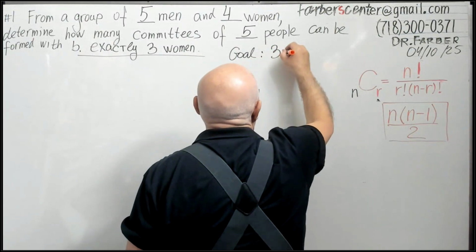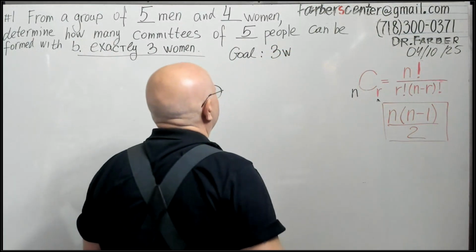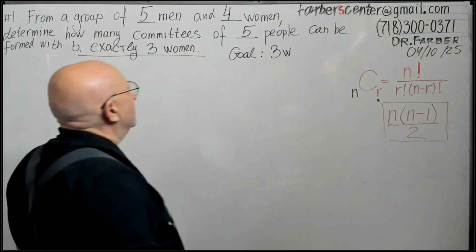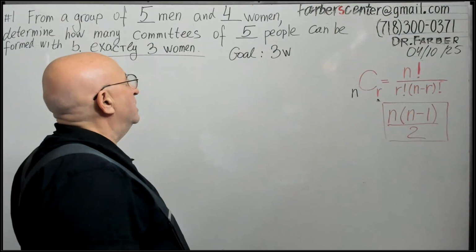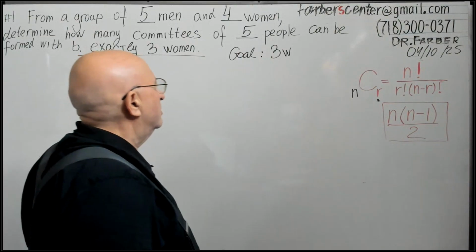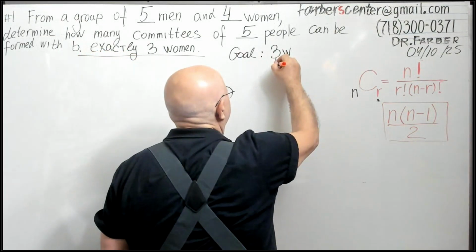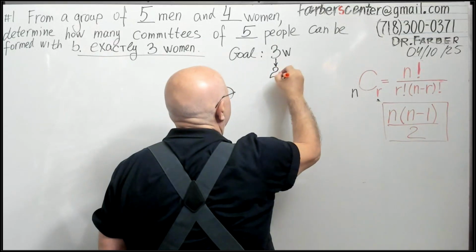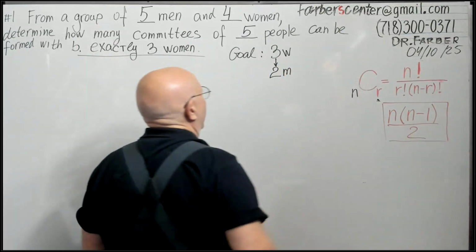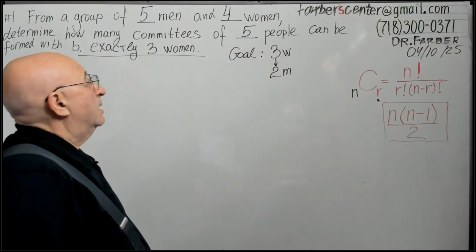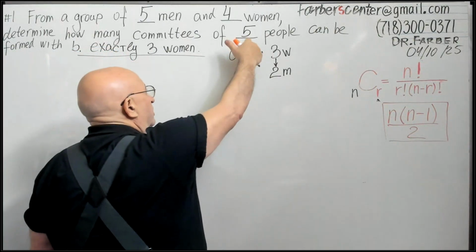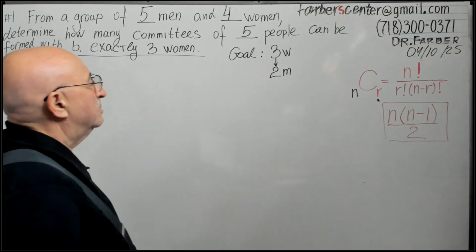But since we have some restrictions, this committee must have 5 people. From this it follows that we're supposed to have 2 men. If I don't have 2 men and only 3 women, I will not fulfill this obligation, right, students?